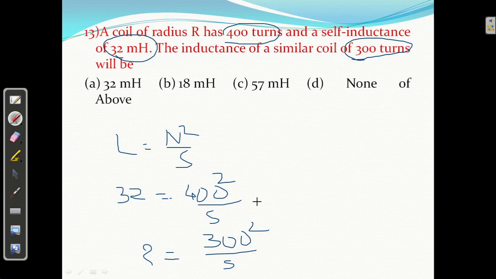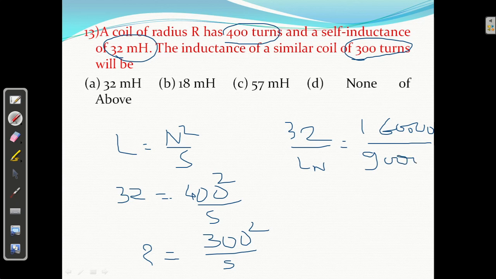So with the help of this equation we will get 32 upon L new equal to 400 square upon 300 square, that is 160000 upon 90000. 4 zeros will be cancelled, so 16 upon 9. So L new will be 32 into 9 upon 16, which is 18.